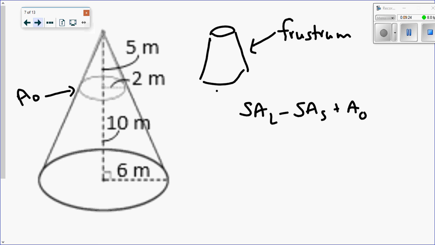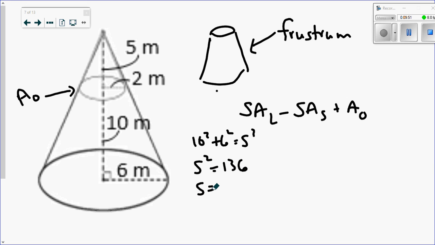Oh, that was a frustum question. Okay. So I need to know the heights of the 2 little doodads. 10 squared plus 6 squared equals s squared. S squared equals 136.